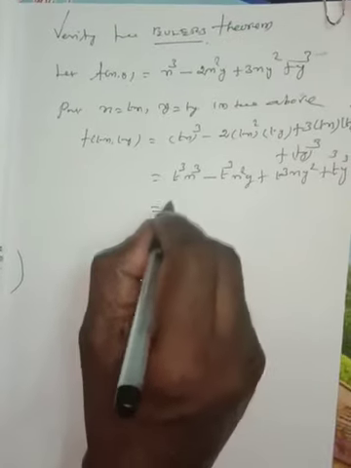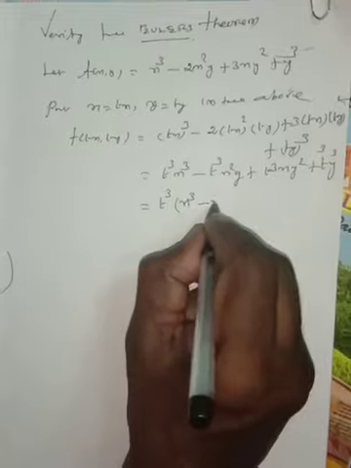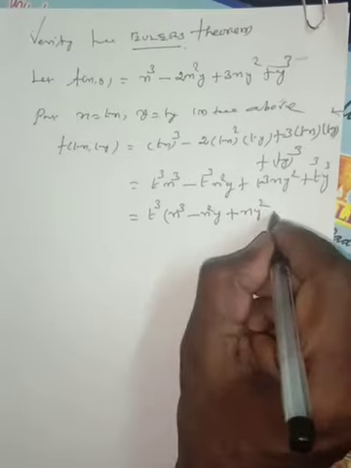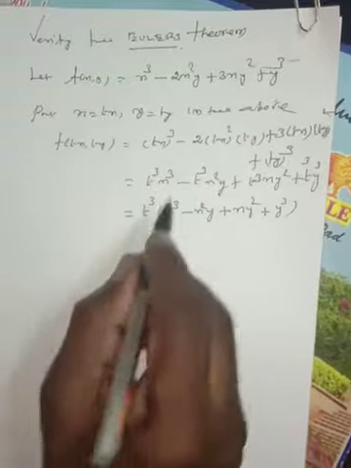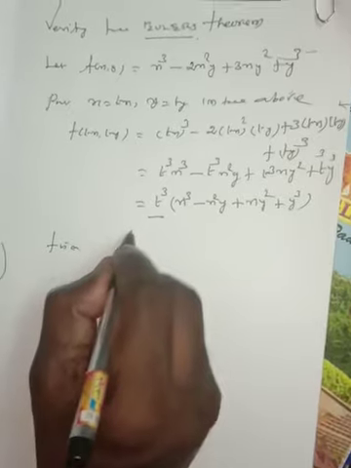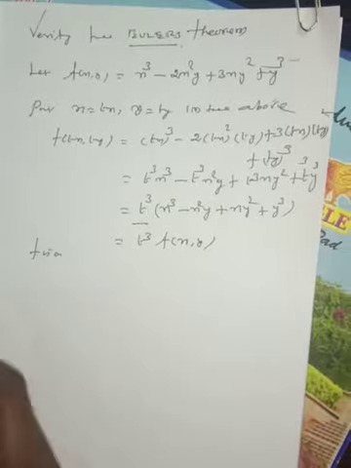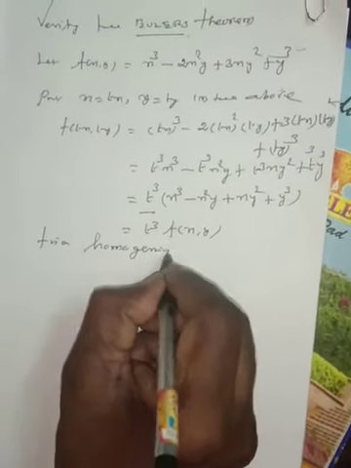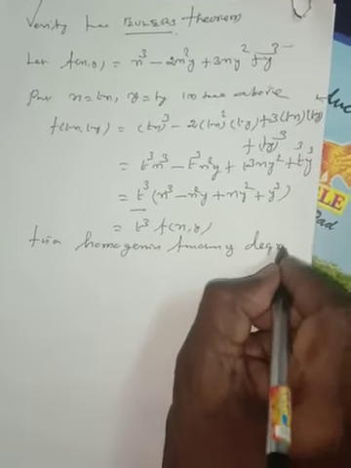Common t to the power of 3, bracket x cube minus x square y plus xy square plus y to the power of 3. F of tx, ty is equal to t to the power of 3 f of x comma y. F is a homogeneous function of degree 3.